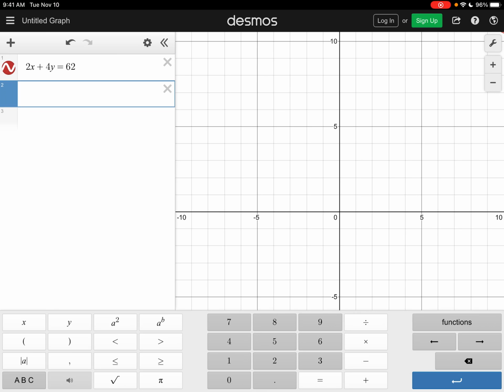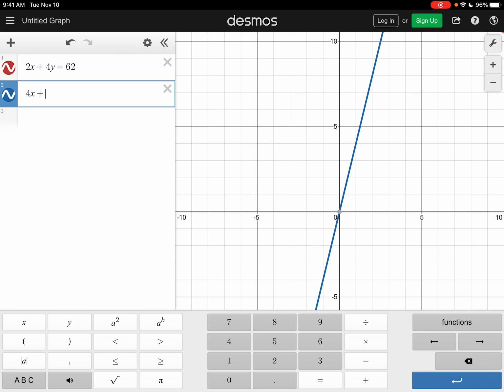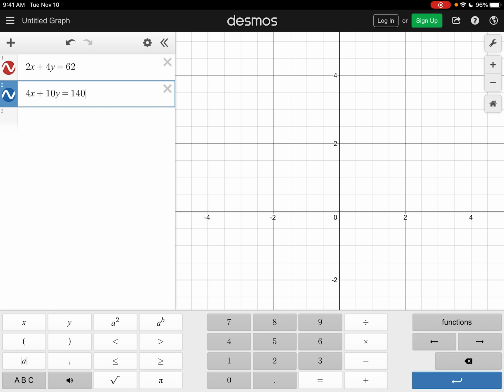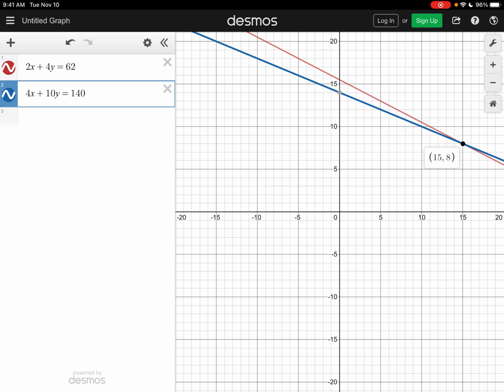And then we want to graph 4x, I'm getting faster at this, here we go, plus how many y's? 10y equals 140. Okay, look, whoa, where's our graph? Well, these numbers are really big, 62 and 140, so maybe we need to zoom out. Oh, that was in. We need to zoom out. Okay, cool. Then we found it. That point is at 15, 8.